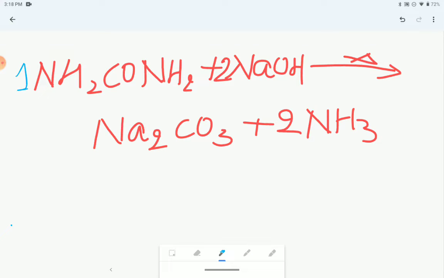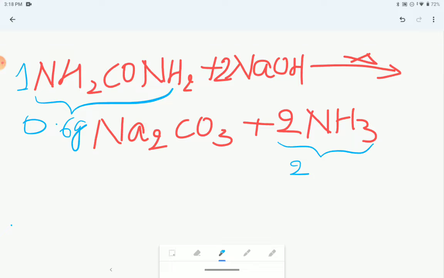Here 1 mole of NH2CONH2, which is urea, results in 2 moles of ammonia. So let's calculate for 0.6 grams, because it is taken as 0.6 grams. The number of moles of urea is half the number of moles of NH3. So let's calculate the number of moles of urea. Number of moles of urea is given mass by molecular weight, 0.6 by molecular weight.